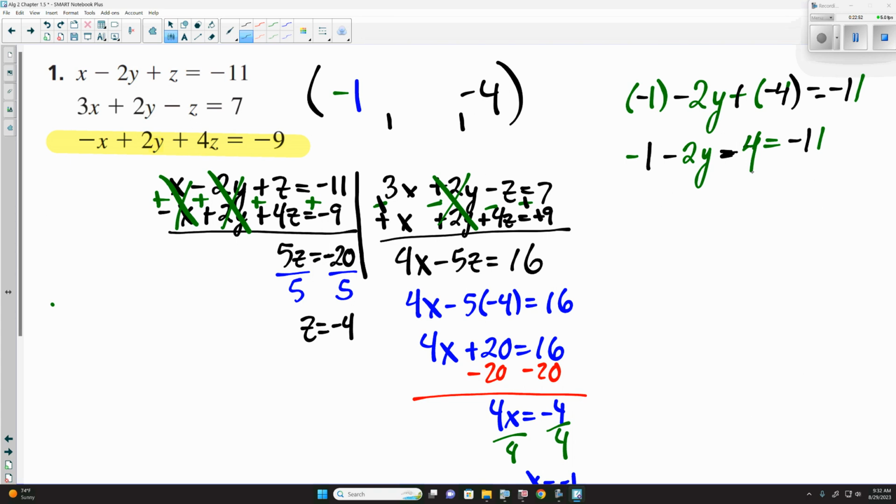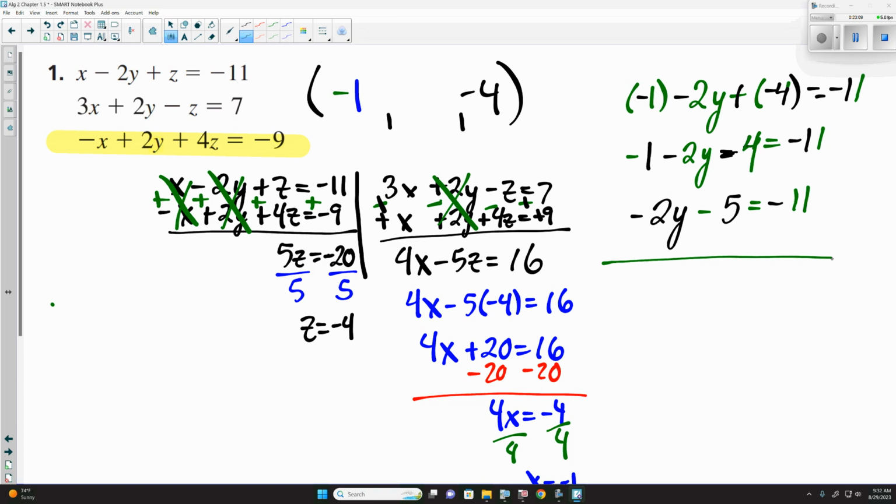So I'm going to simplify some of our parentheses. The parentheses around the negative 1 just drop. Our plus negative 4 is just going to be negative 4. So now we get negative 2y minus 5 equals negative 11.